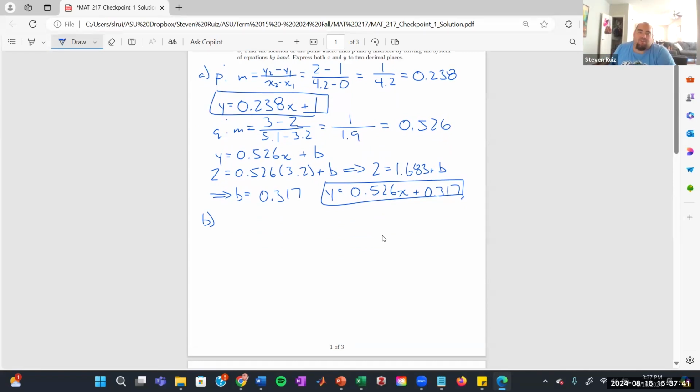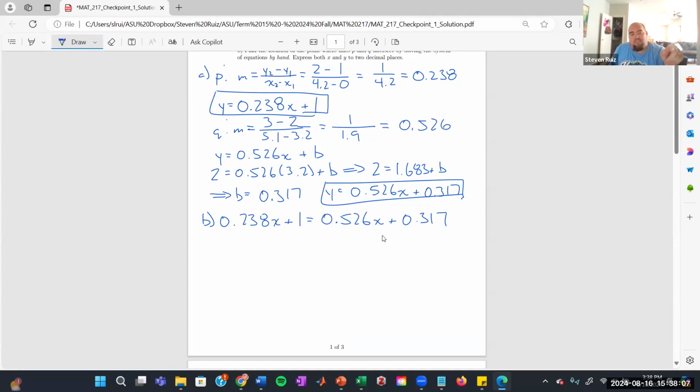Y is also equal to this expression here. Since y is equal to both of those things, those expressions must be equal to each other. So 0.238x plus 1 is equal to 0.526x plus 0.317.